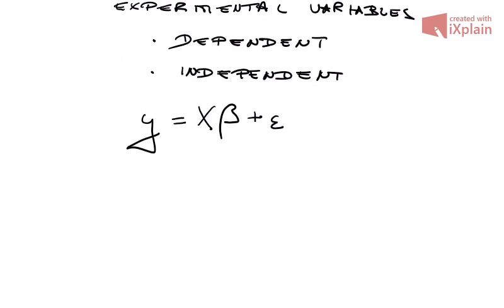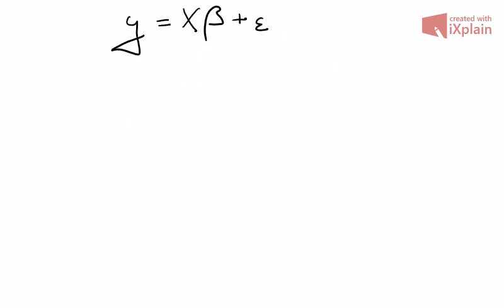So in principle, the GLM, and you will see this equation all the time, can be written as such. Let's write this again. So the GLM can be written as this.